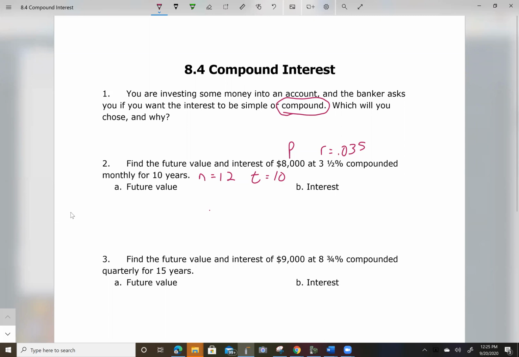So the future value, if we use the formula, I just want to make sure I have the right formula for you guys. Here we go.